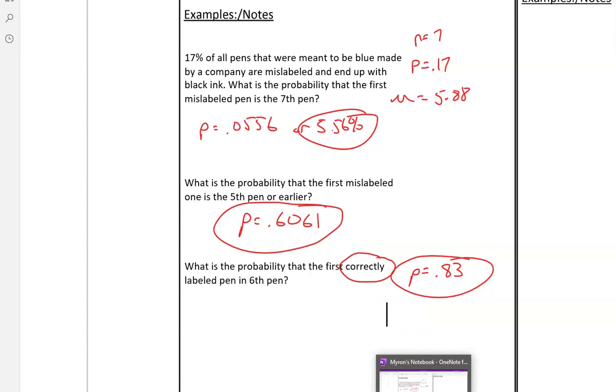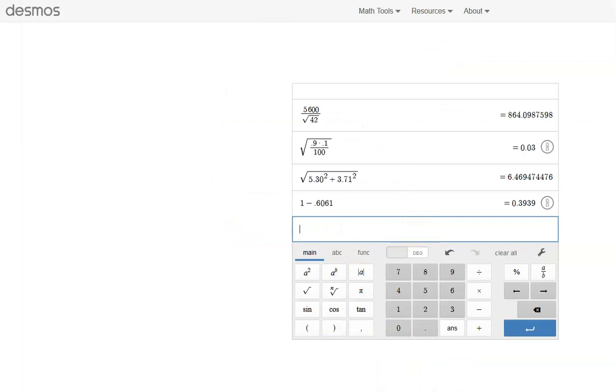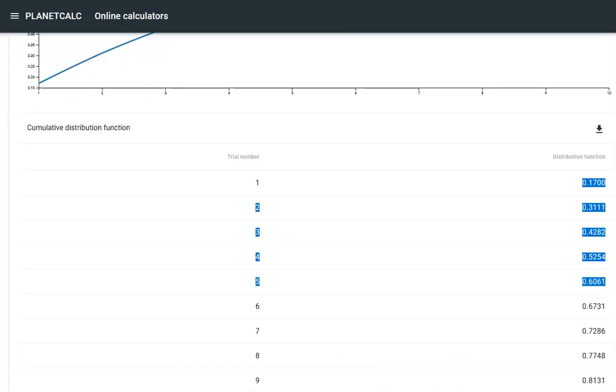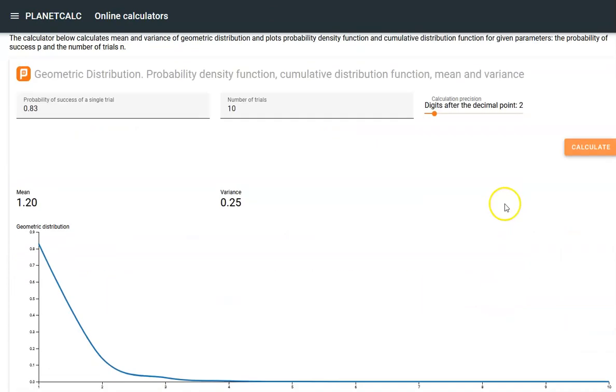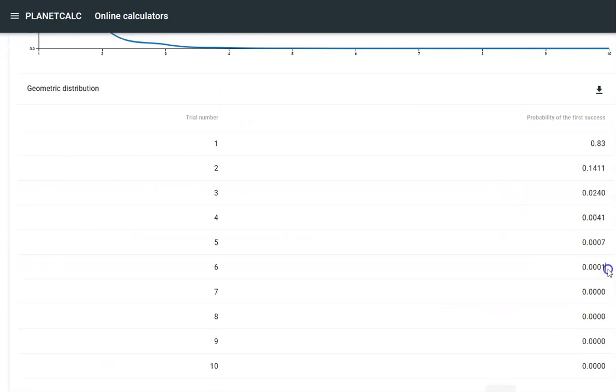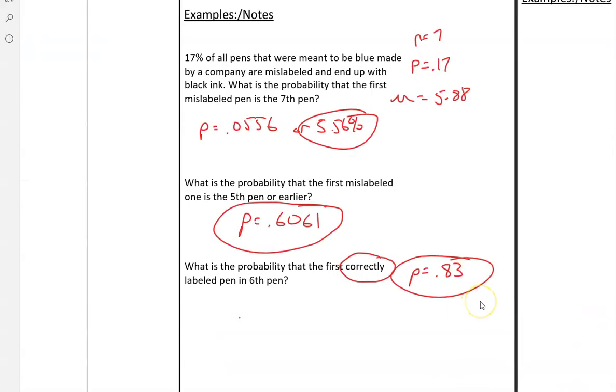It ought to be pretty low. If there's an 83% chance, there's no way it should take 6. But let's calculate it just to see. I'm going to put in 0.83. What is the chance that it's the 6th pen? See, it's almost impossible. 0.0001. So the probability is 0.0001 on that one.